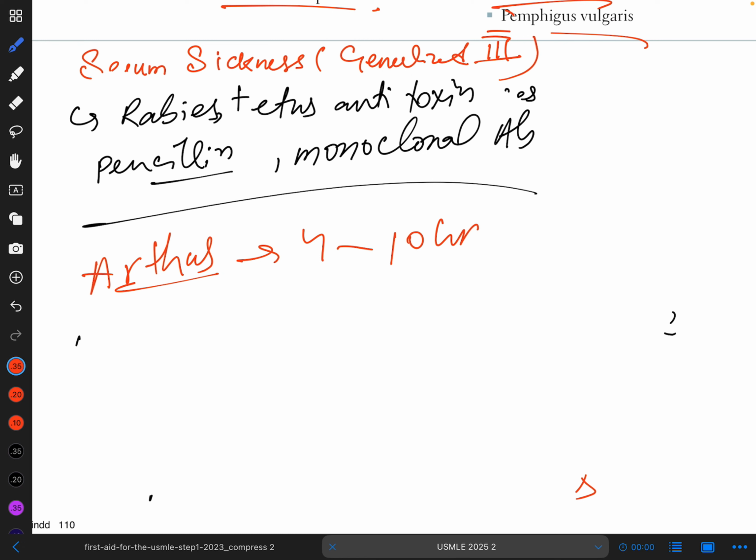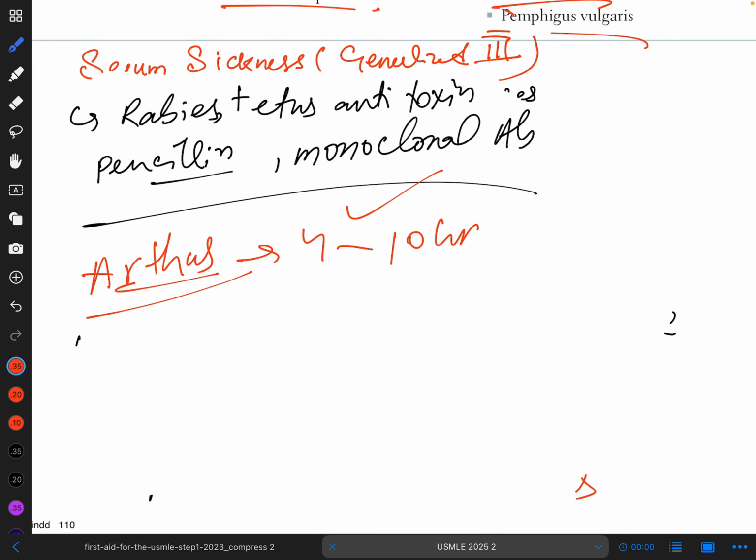You can differentiate localized type 3 from type 1 by the time. Type 1 gives action within minutes, but the Arthus reaction gives action after 4 to 10 hours, with complement activation, edema and necrosis.